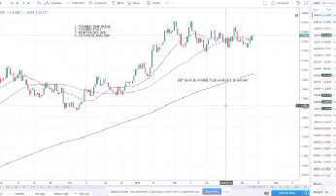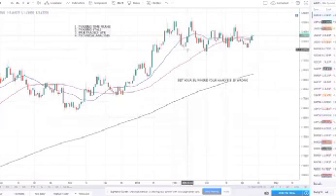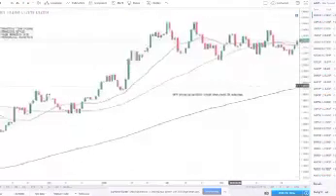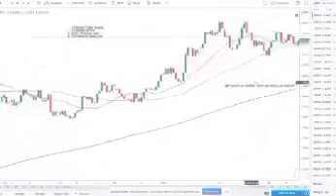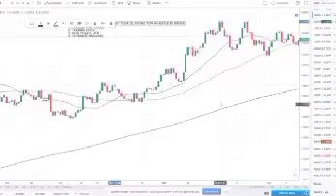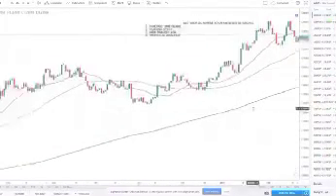Not where you think a certain pip amount you want to lose per trade is. No, you need to set your stop loss where your analysis is wrong. Okay, so if you think you're setting this trade based, the easiest way to show you guys this is by diving into an example. Okay, so let's say we're trading this euro dollar.